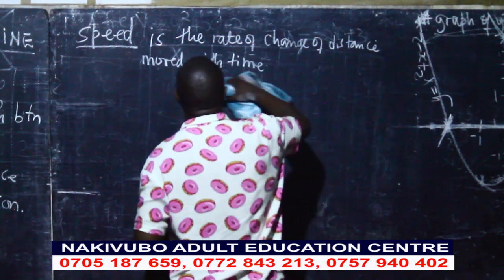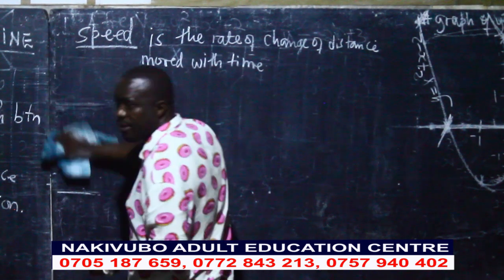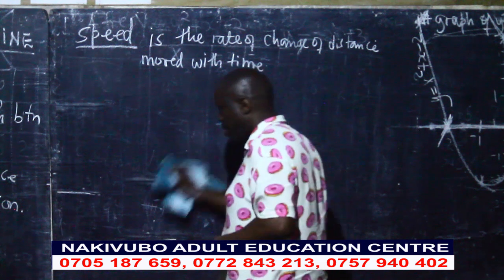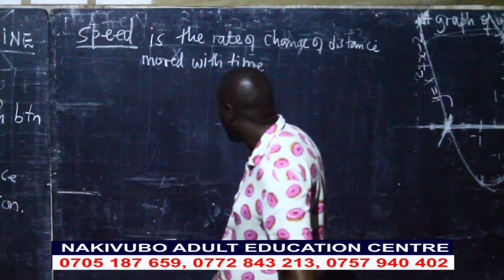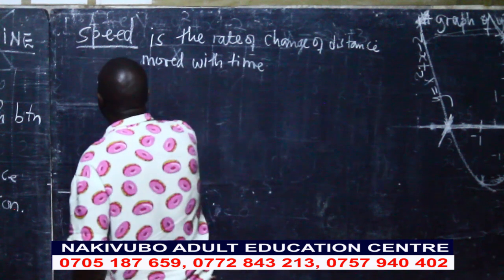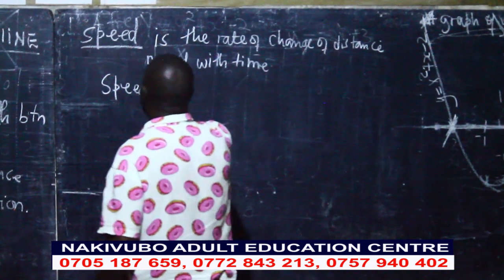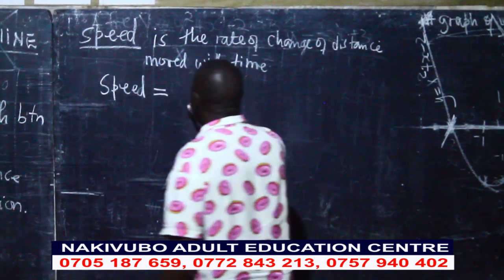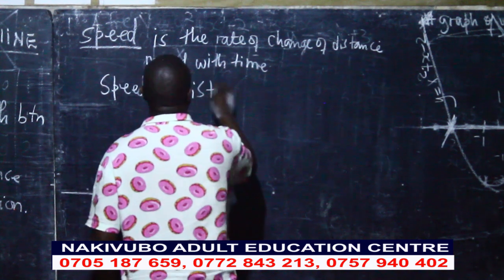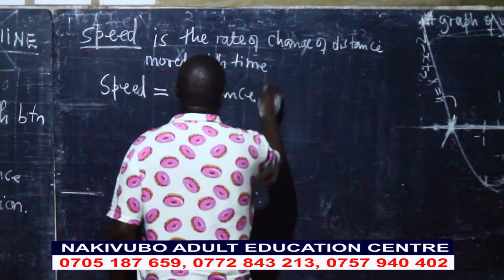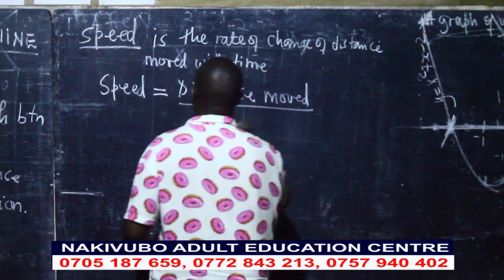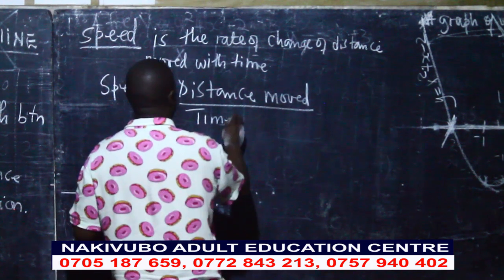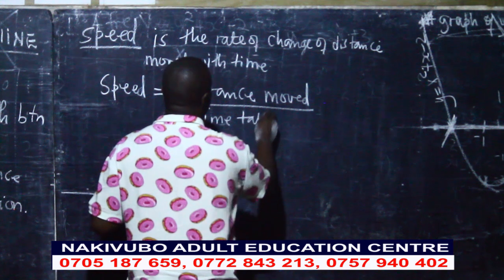So whenever you see rate, there is an element of time. Therefore, speed is equal to distance moved over time.